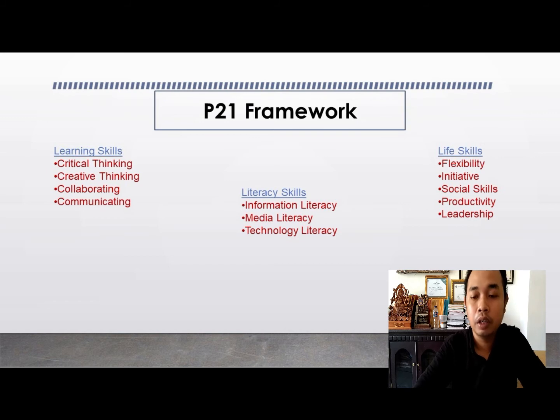And also for leadership, the students need to be able to manage their group, so they can solve the problem in the right way.